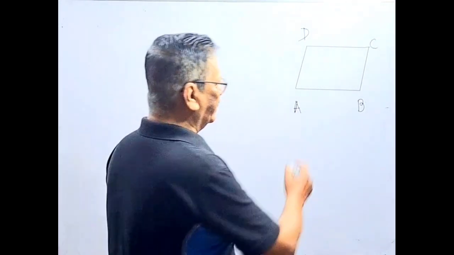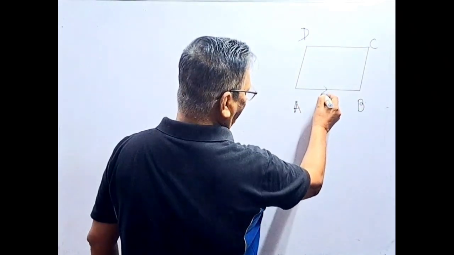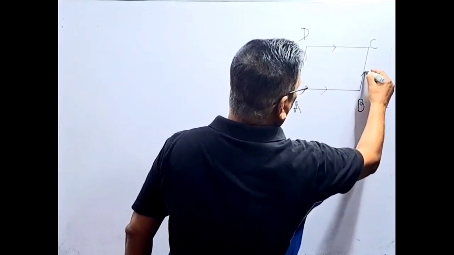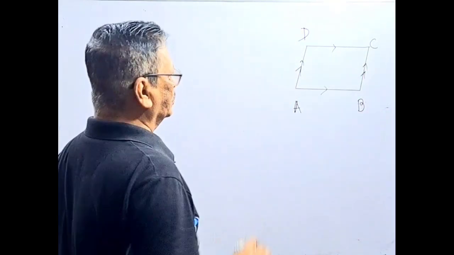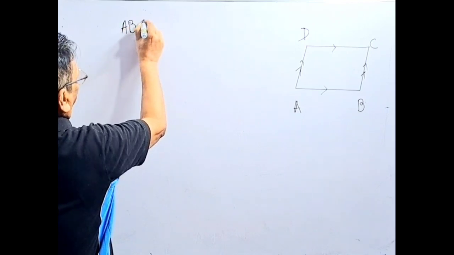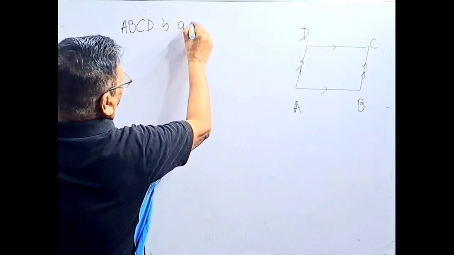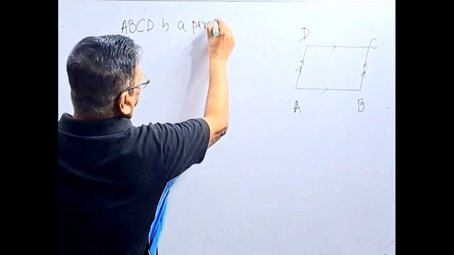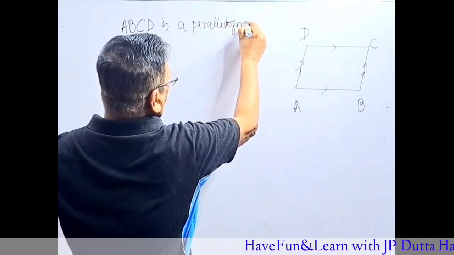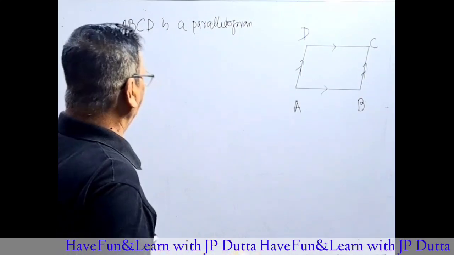In the figure, we have ABCD, a parallelogram in which AB is parallel to CD and AD is parallel to BC. So ABCD is a parallelogram, and now let us study the properties of a parallelogram.